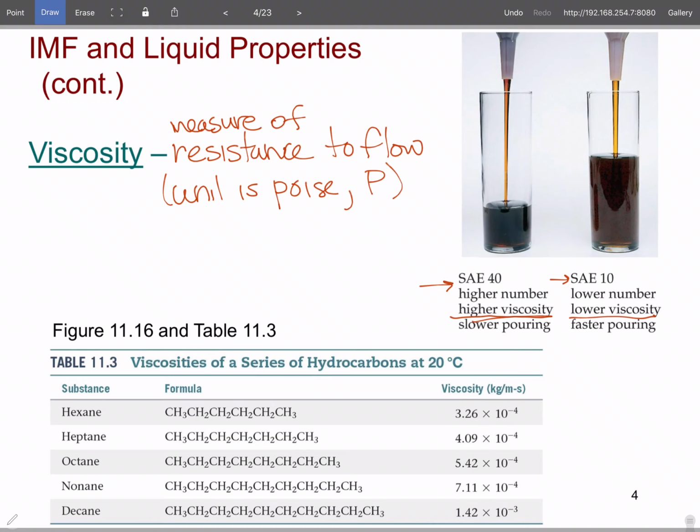And if you'll notice on this chart here, as you increase the number of carbons, decane has 10, then 9, 8, 7, and 6, your viscosity increases. So as you increase the size of the chains, you tend to increase viscosity. And this is why syrup and stuff is very viscous.